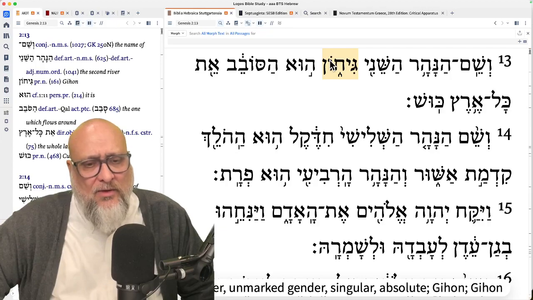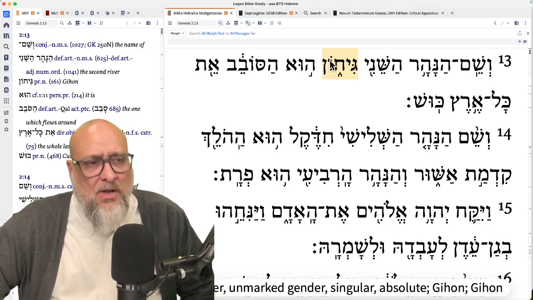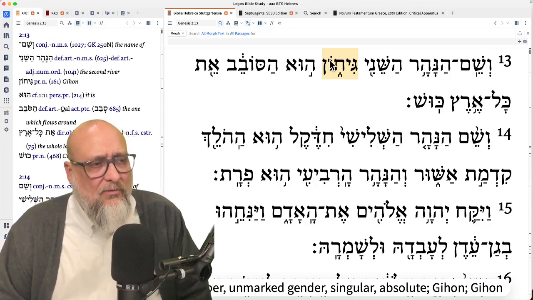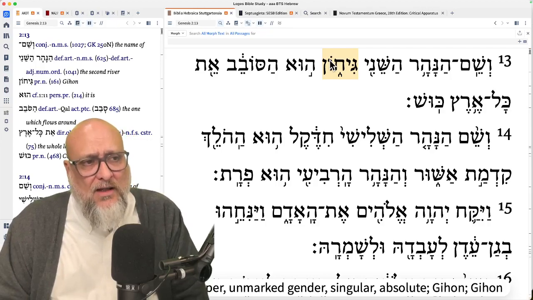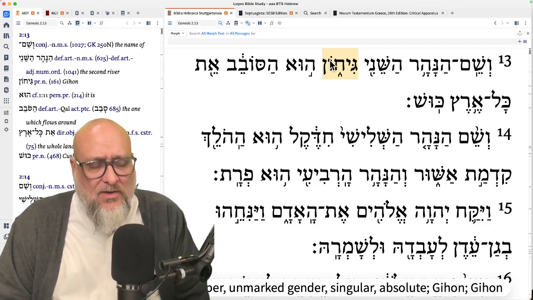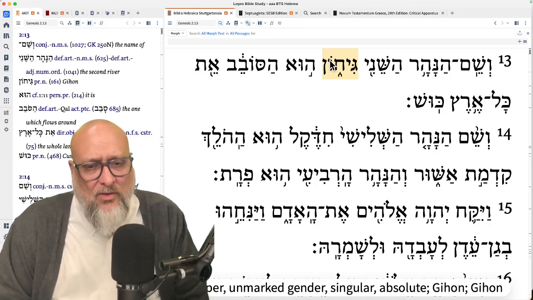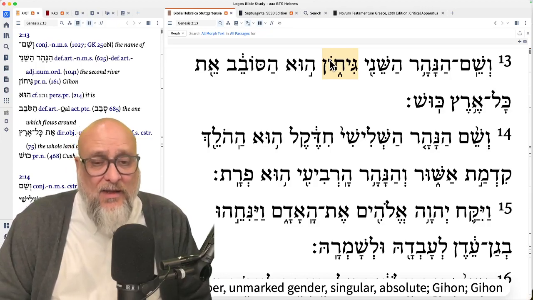And when you step back and look at the whole of biblical theology, you do have a river coming out of eschatological Jerusalem. Joel teaches that, Zechariah teaches that, perhaps Psalm 46 teaches that, certainly Ezekiel 47 teaches that, and of course Ezekiel 47 is picked up in Revelation 21, where John describes the tree of life, the river of life.